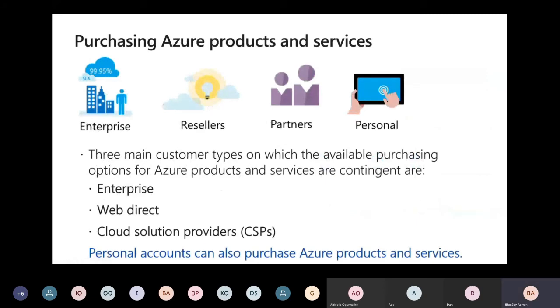So in terms of purchasing these services, there are quite a few options. For enterprise organizations, you can sign an enterprise agreement with Microsoft Azure, which commits your organization to a spending which is negotiated on the services you're using.